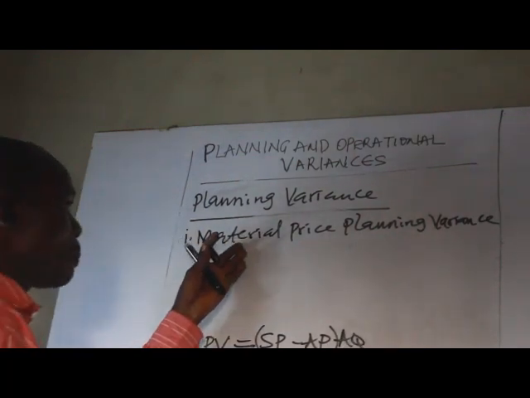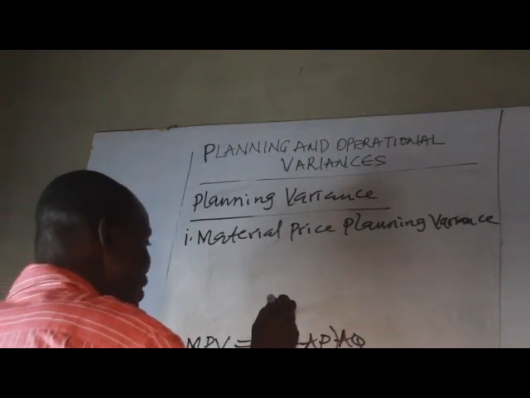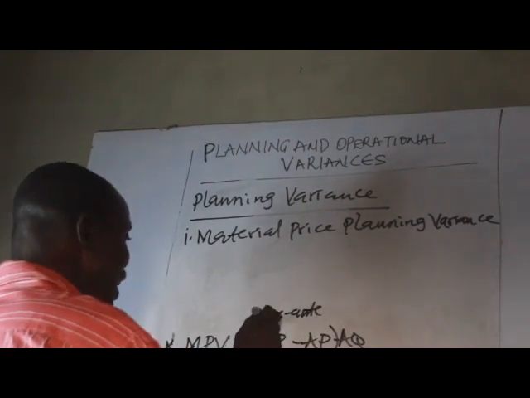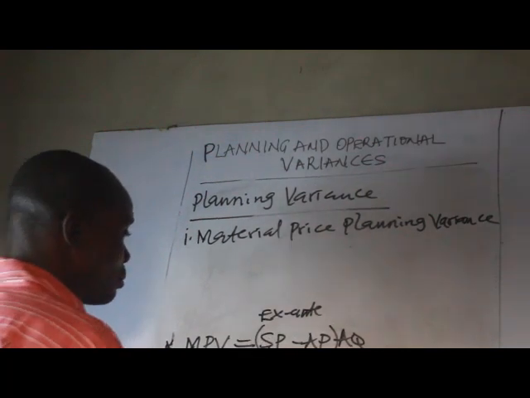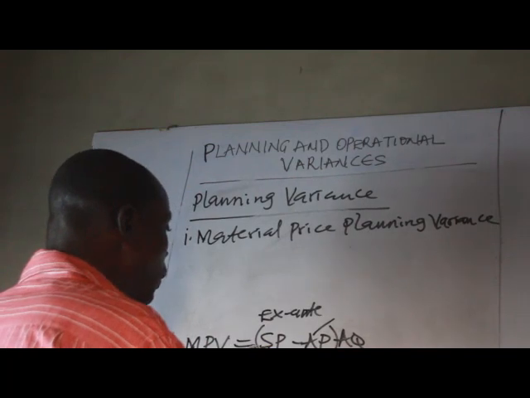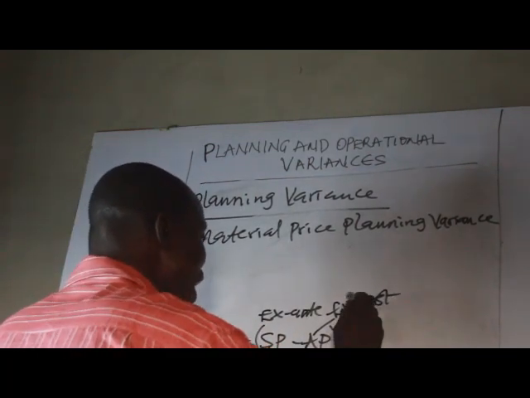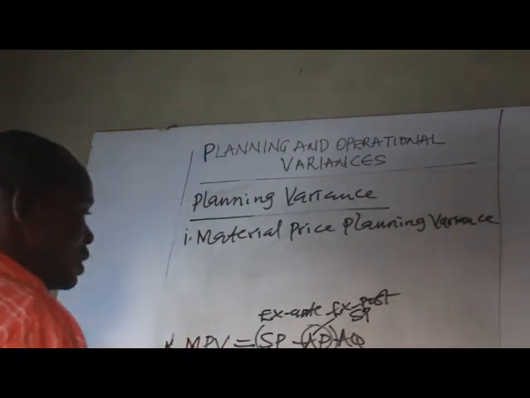Remember, in planning variance, you want to compare ex ante. That means what you need here is ex ante standard price. Since you are comparing ex ante with ex post, this will be ex post standard price, not actual price.